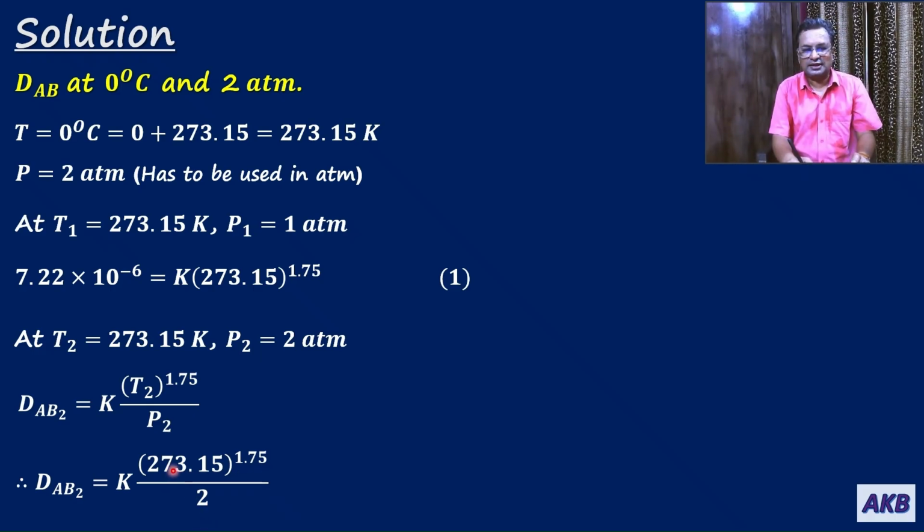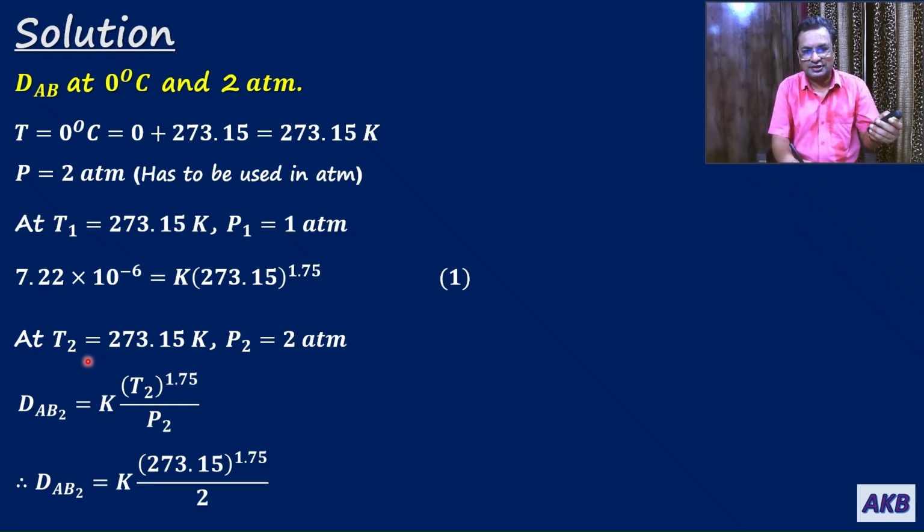Please note that for estimation at 0 degrees Celsius and 2 atmosphere, I have considered condition 1 as where DAB is known to me, and condition 2 as where DAB has to be found out.